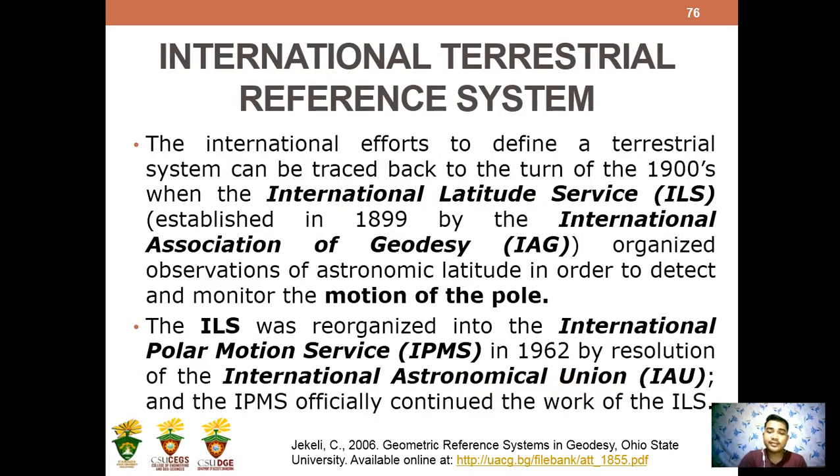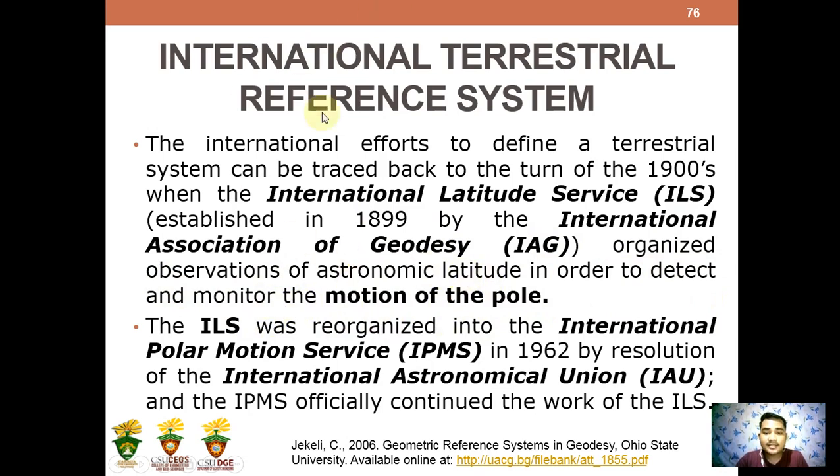So for the International Terrestrial Reference System, the international efforts to define the terrestrial system can be traced back to the turn of the 1900s, when the International Latitude Service, or ILS, was established in 1899 by the International Association of Geodesy, or IAG, to organize observations of astronomic latitude in order to detect and monitor the motion of the pole.